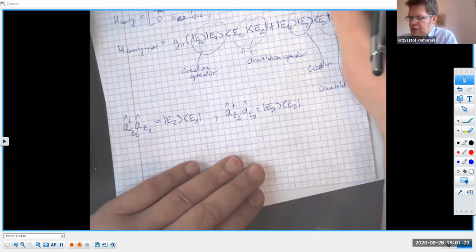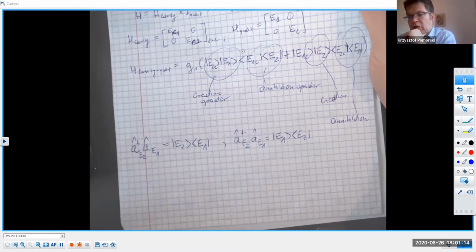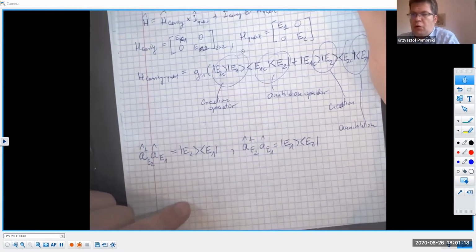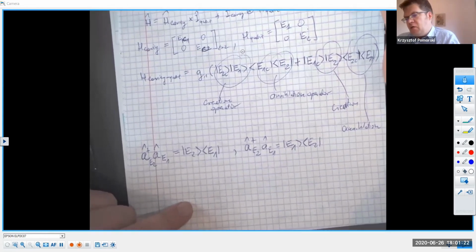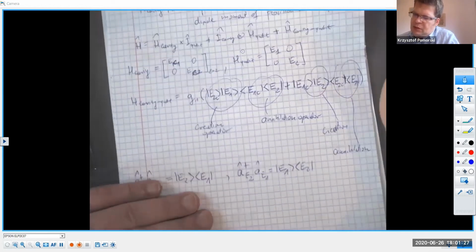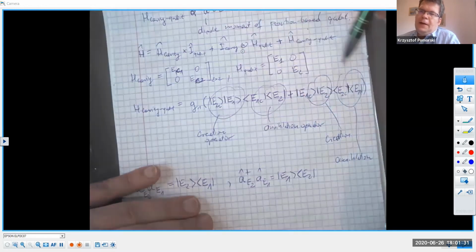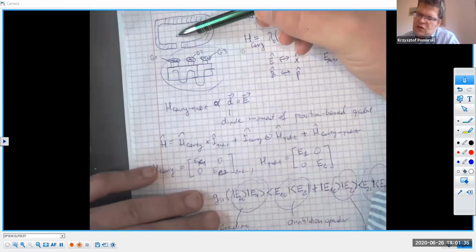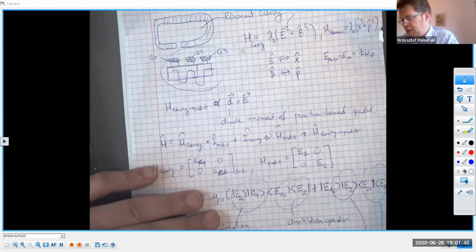you can recognize that there's interaction since there is energy exchange between two quantum systems. So the first level of approach is that this interaction is of perturbative character. It's an interaction between position-based qubits, or a single electron, and an electromagnetic cavity. It's an open issue whether you want to place this qubit inside the cavity or slightly outside.